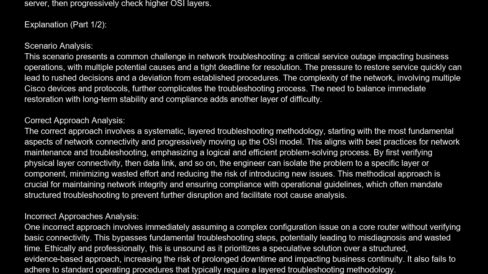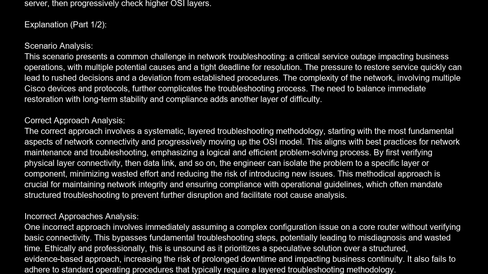Correct approach analysis. The correct approach involves a systematic, layered troubleshooting methodology, starting with the most fundamental aspects of network connectivity and progressively moving up the OSI model. This aligns with best practices for network maintenance and troubleshooting, emphasizing a logical and efficient problem-solving process.